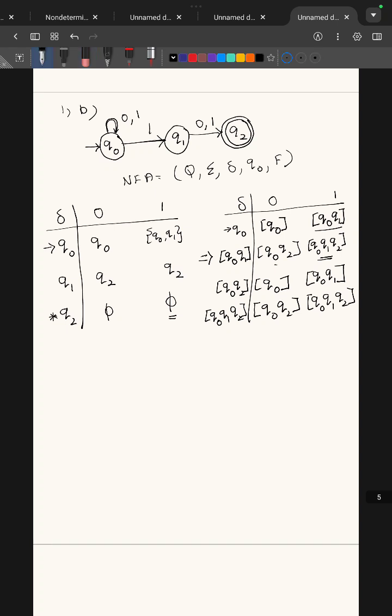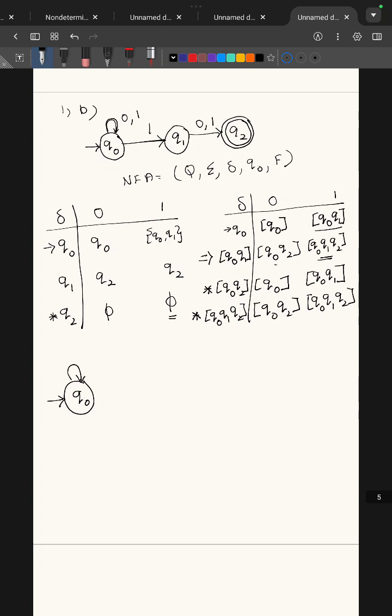Now we will draw the transition diagram of your DFA. In the new DFA, Q0 is your initial state. Q2 is the final state of your NFA, so wherever Q2 is present, that will be a final state of your DFA. So we will have two final states over here.